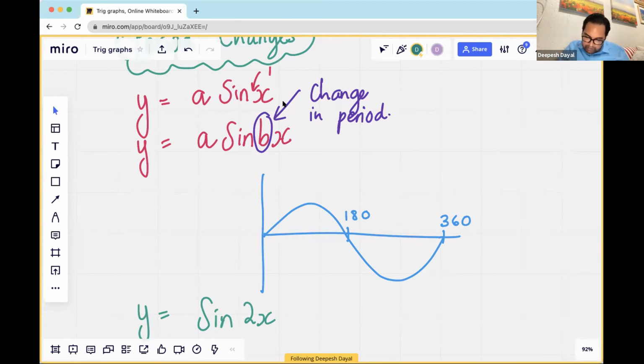When you've got 1, it is 360 degrees. But if you've got 2 here, the period changes to 180 degrees. So we can fit 2 graphs in there, right? So let's draw it out.